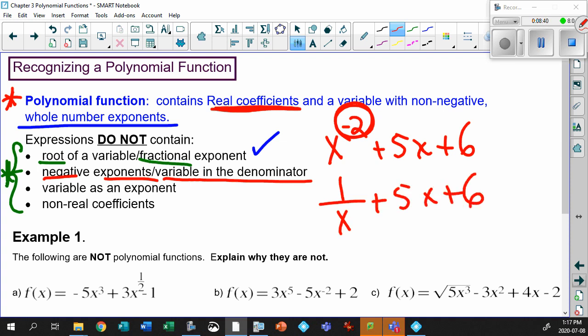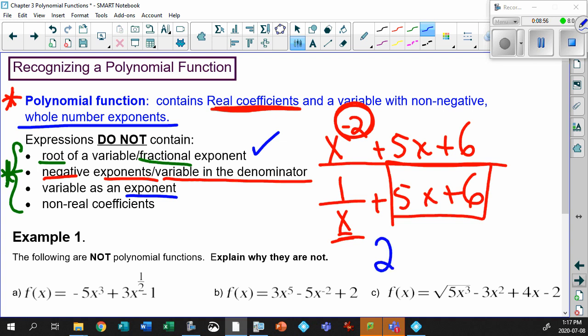That doesn't work either. Next one: can you have a variable as an exponent? No. You're not going to have something like 2 to the power x plus 5x plus 6. That's not allowed either.